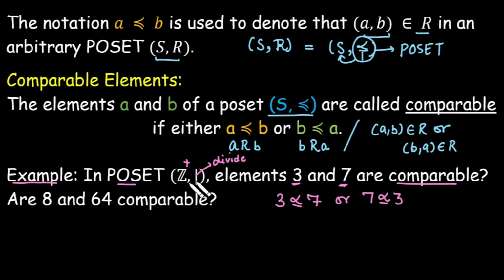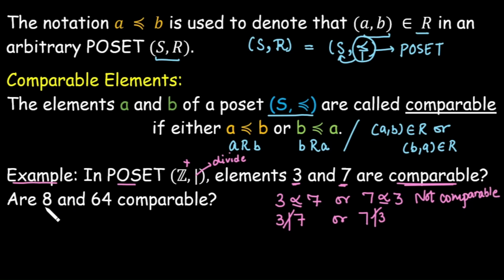Now what is the relation in this case? Divides. So we need to check whether 3 divides 7 or 7 divides 3. Whether 3 divides 7? No. Whether 7 divides 3? No. So it means 3 and 7 are not comparable.